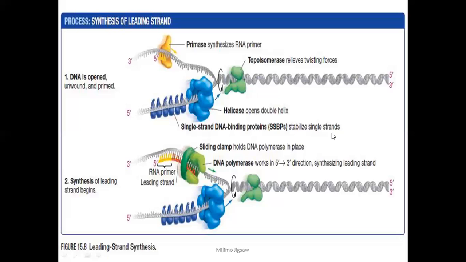So they stabilize the single strands. Helicase opens the double strand. Single stranded binding proteins stabilize the single strands. So we need to know this. Then topoisomerase enzyme has to relieve twisting forces. So the topoisomerase prevents excess coiling of the DNA strands during replication.